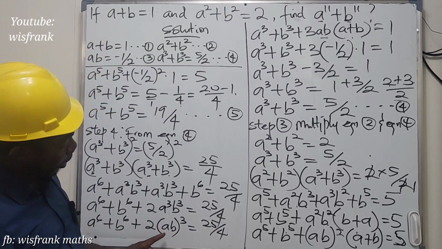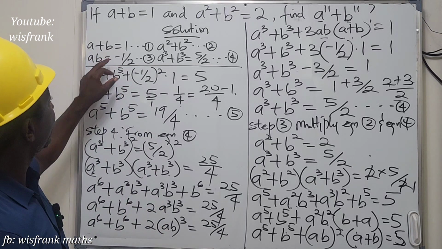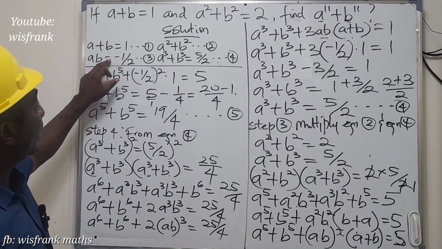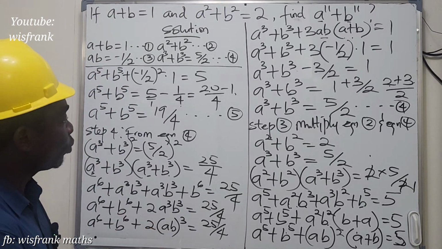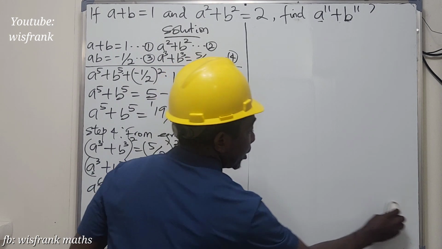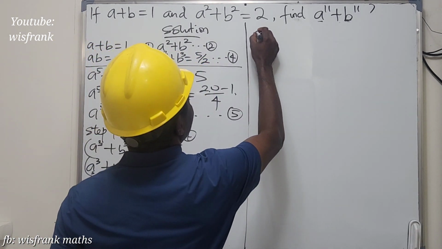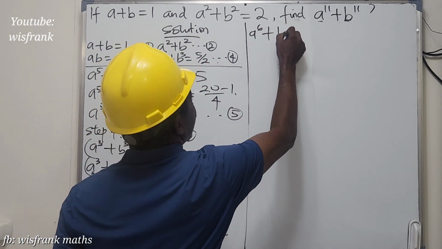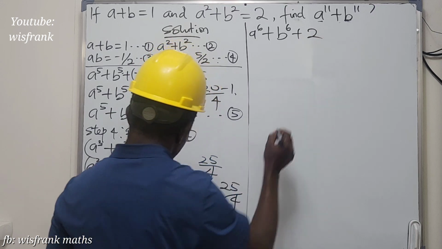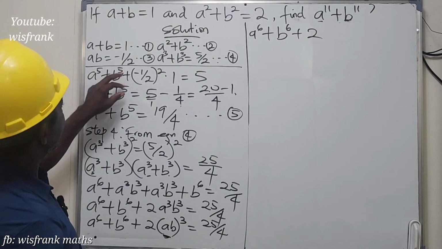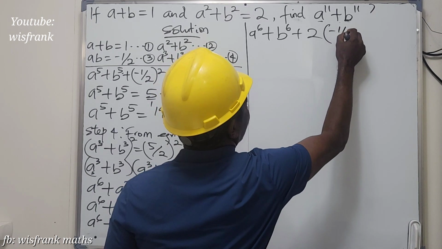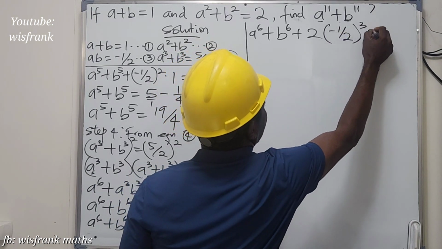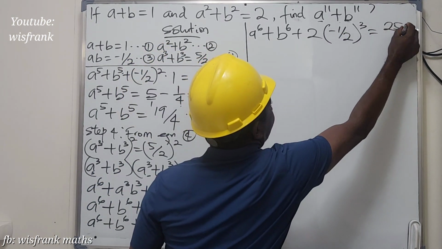So here we have ab, and from equation 3, our ab is minus 1 all over 2. Substituting that in, we have a to the power of 6 plus b to the power of 6 plus 2 into minus 1 all over 2 all to the power of 3 equals 25 all over 4.